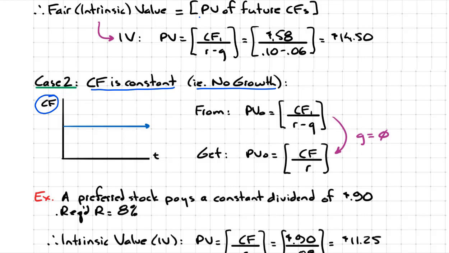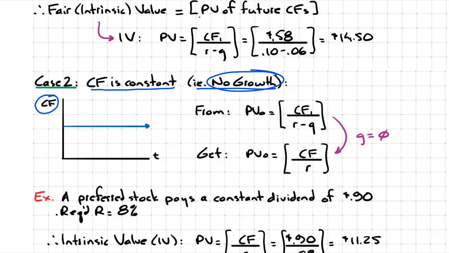So what we're going to do is use the same framework that we used in the first scenario and just tweak it. The only tweak we have to do is the adjustment that the growth rate in this case is 0. So where we see the G, we simply set it equal to 0, which means mathematically it just disappears from the framework.